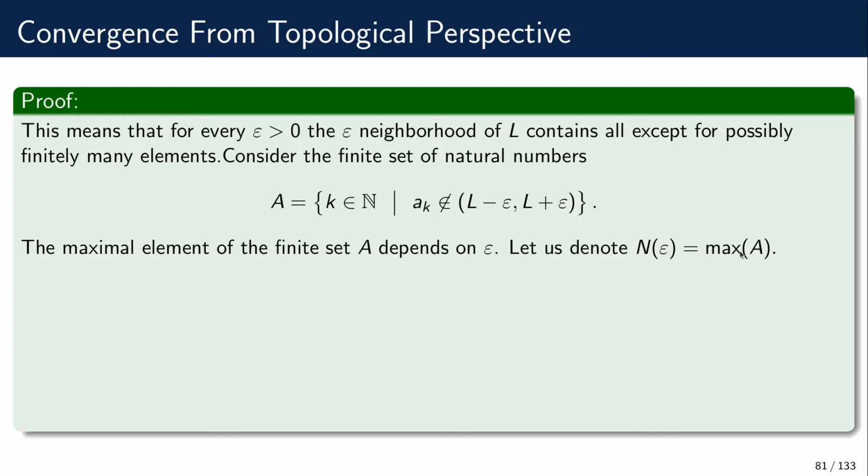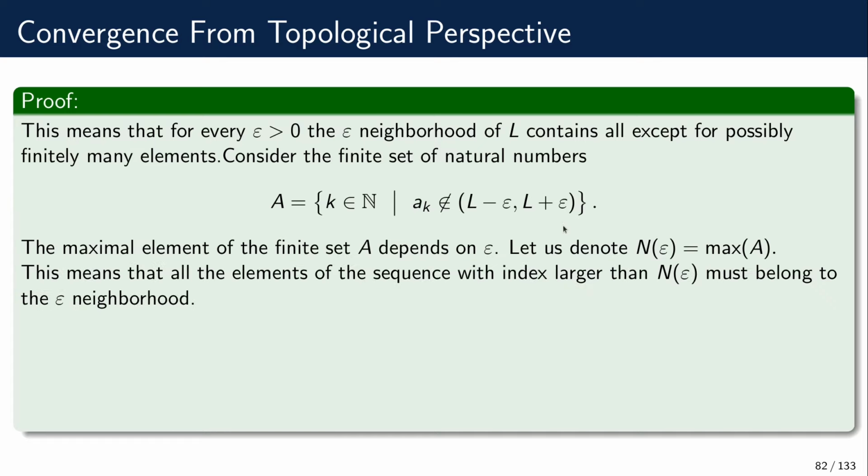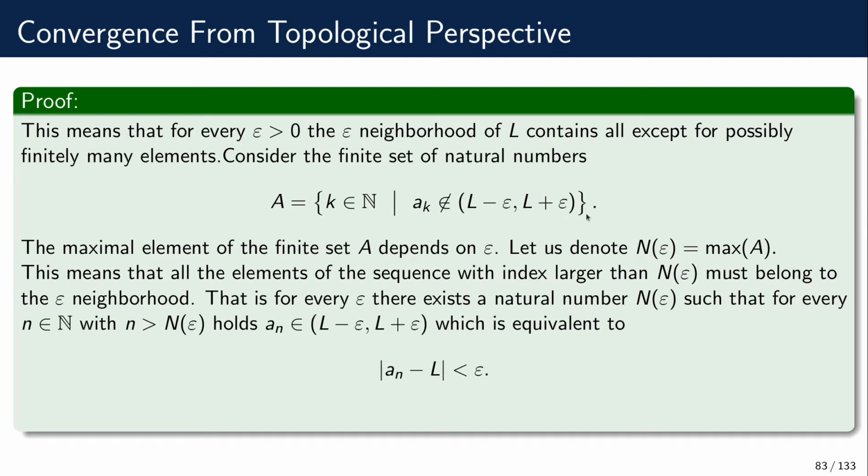Only elements of the sequence whose indices are in A may lie outside this epsilon neighborhood. All other elements, in particular for every n that is greater than this, must lie inside this epsilon neighborhood. And so this means that for every epsilon, there exists a natural number n(epsilon), which I said how to define.